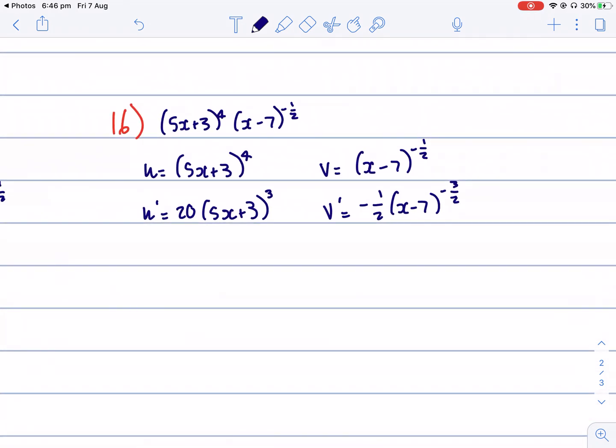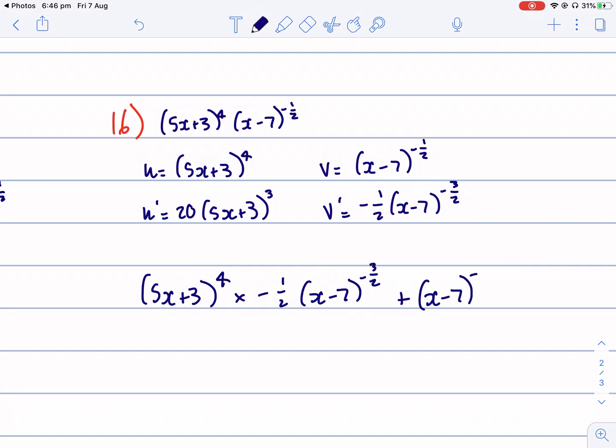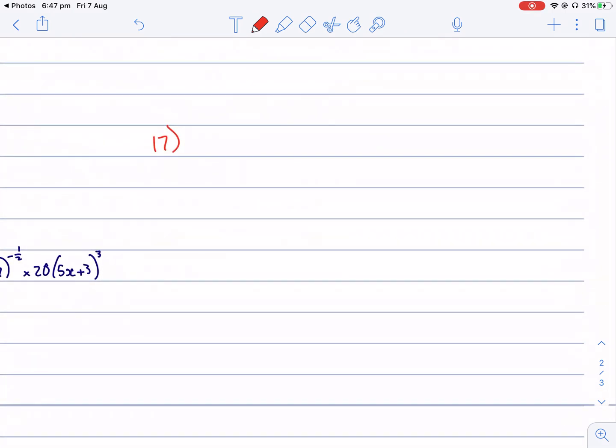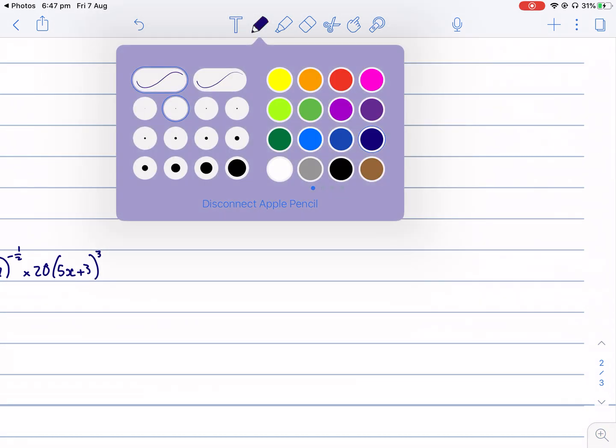So all up, that's going to become (5x plus 3) to the 4 times negative a half, (x take 7) to the negative 3 on 2, plus (x take 7) to the negative a half times 20, (5x plus 3) cubed. I'm not going further with that. I mean, I would if it was asking me to show that it came out as something, but no, not for this.